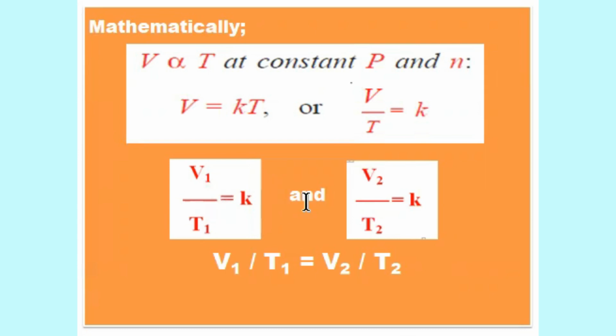From this, we derive the formula V1 over T1 equals V2 over T2 at constant pressure and amount of gas.